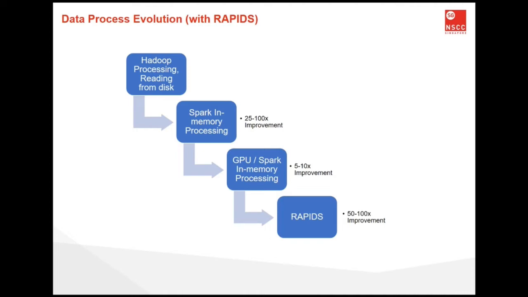We needed to build a system, and this is the GPU Analytics Initiative ecosystem, in a way where data could seamlessly go from CPU app to GPU app and stay on the GPU, because memory copies are essentially the bane of any type of performance.